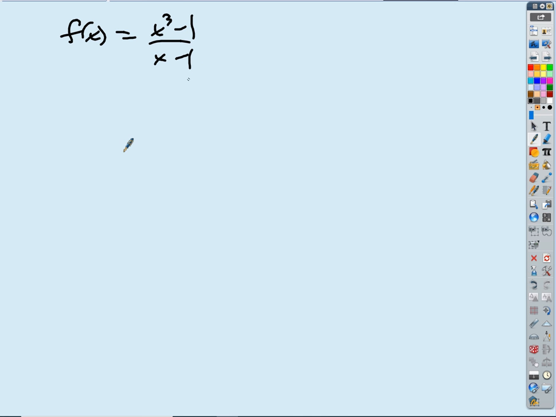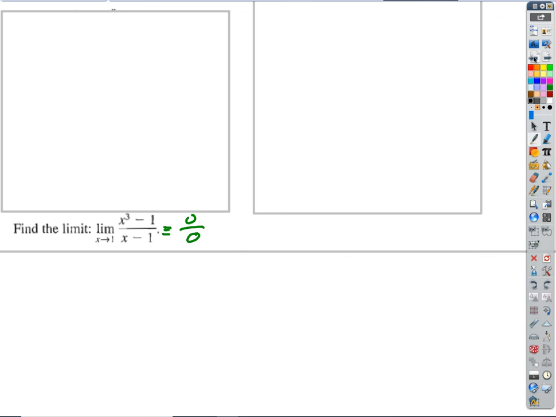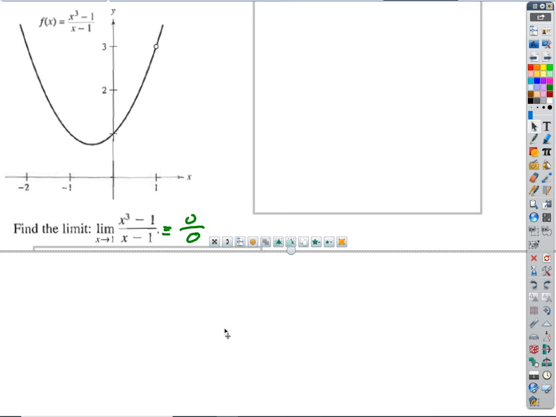So let's take the limit of f of x. Could we come up with a function? If I graph this thing, what does that graph look like?